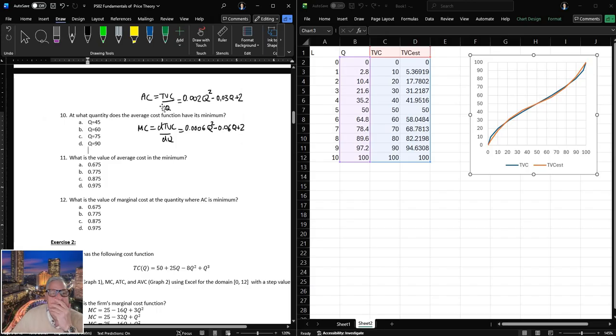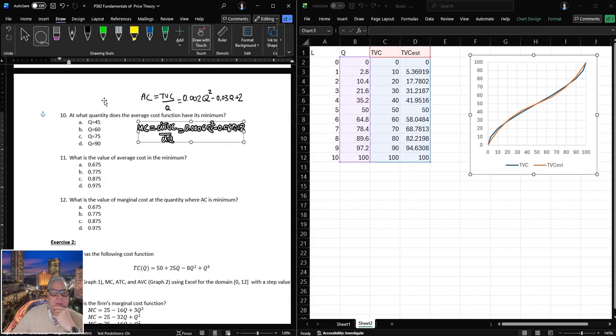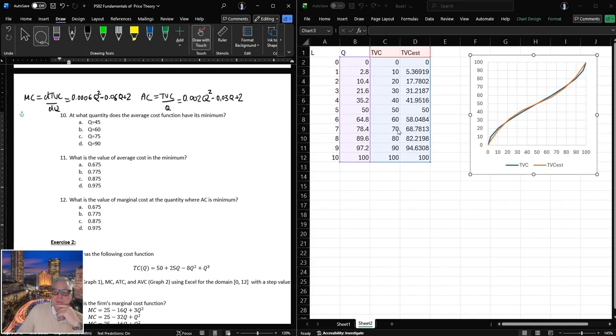Okay. So here on top we have the average cost function. So let's clean it up a little bit, and let's put the marginal cost function here to the left.